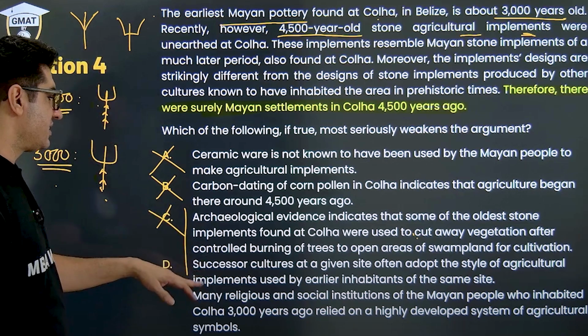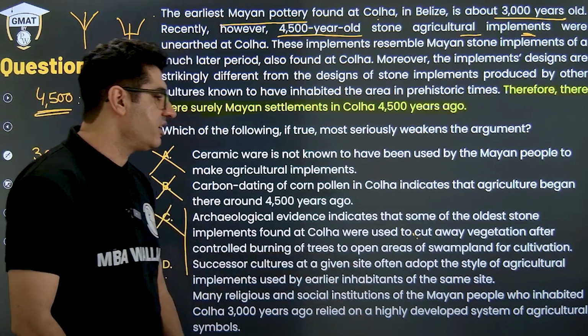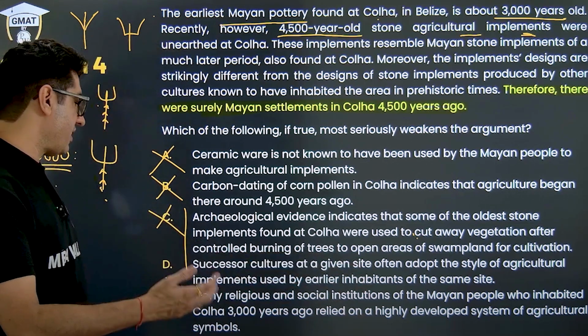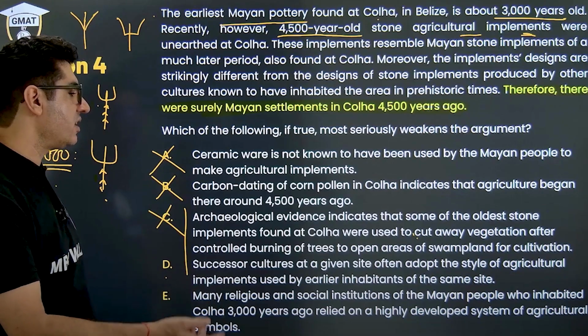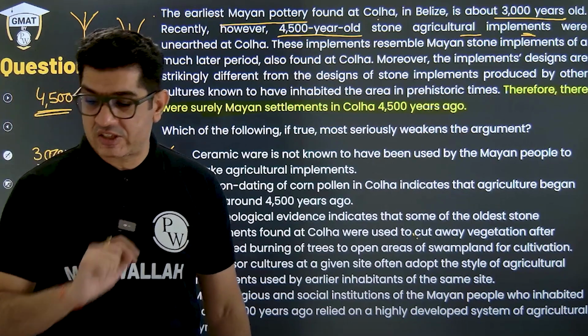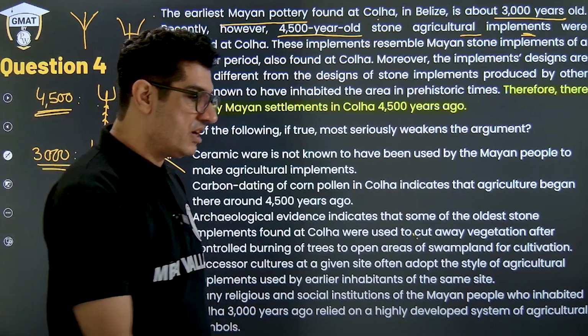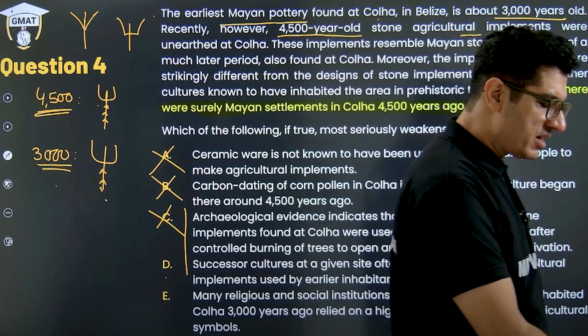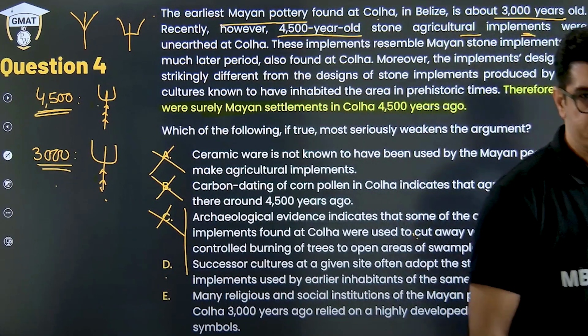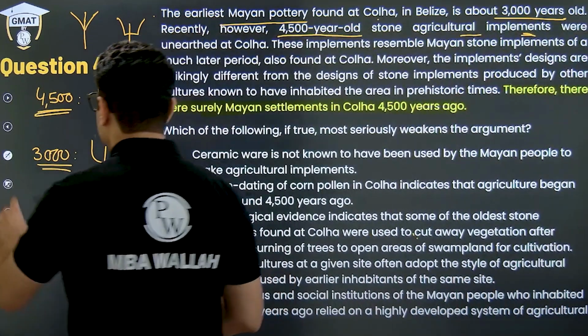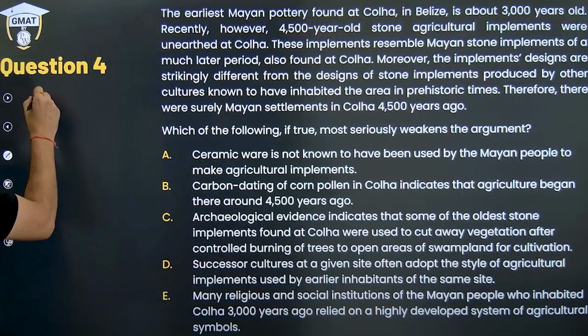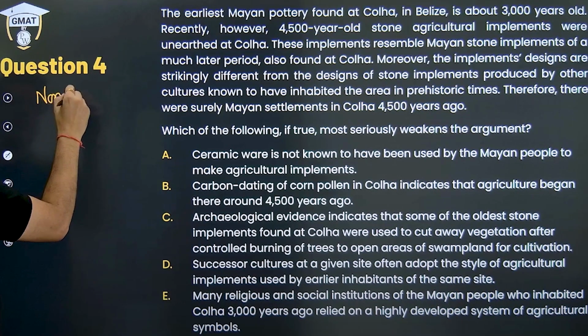D, successor cultures at a given site often adopt the style of agricultural implements used by earlier inhabitants of the same site. अब सोचो, ये बेसिकली ये बोलता है कि किसी एक एरिया में कोई एक कल्चर थी. हाँ, लेट्स से, कि भाई कोई नॉन मायन लोग रहते थे.